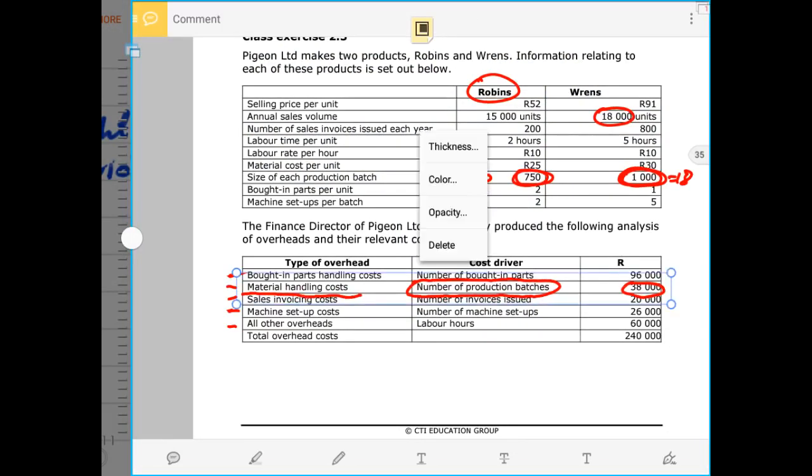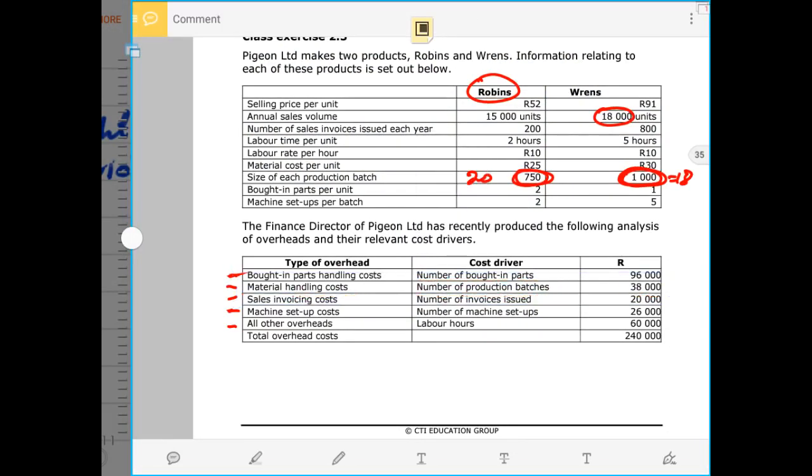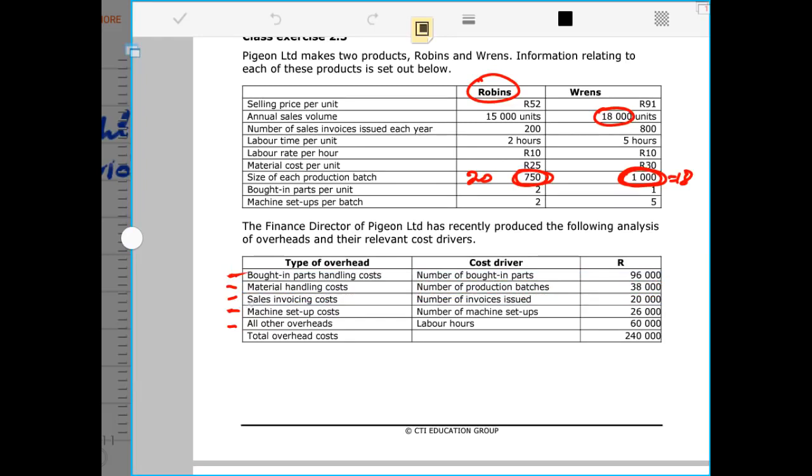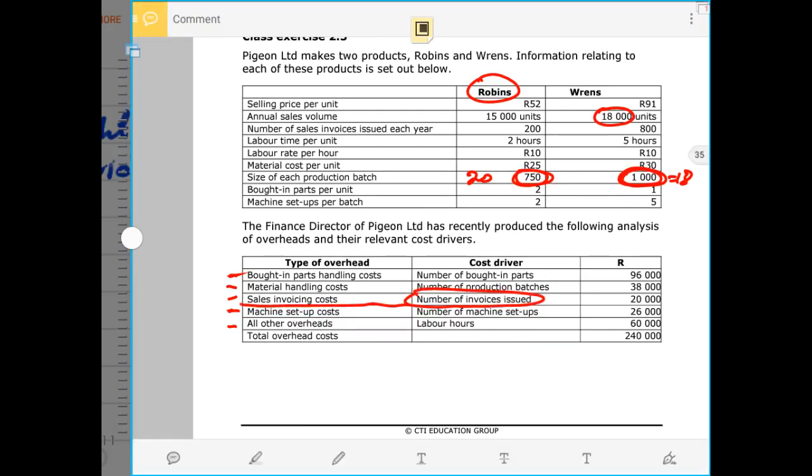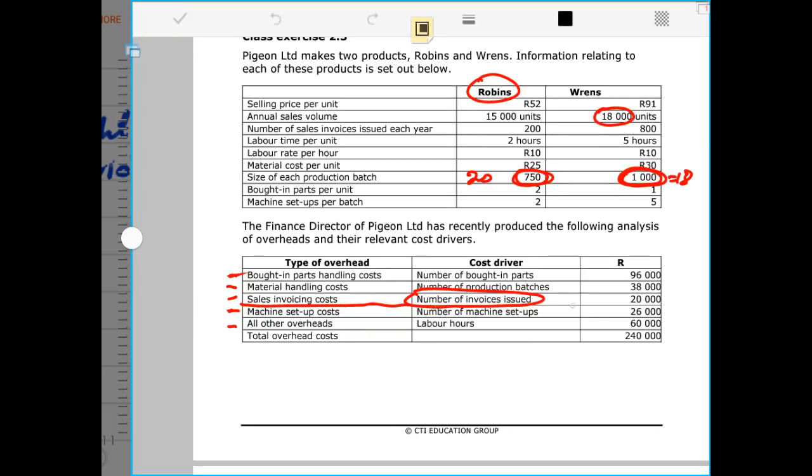Now let us continue to the second one, and it says sales invoicing cost, which is the number of invoices issued. Sales invoicing cost is the number of the invoices that were issued, and the total of that overhead is 20,000 rands.